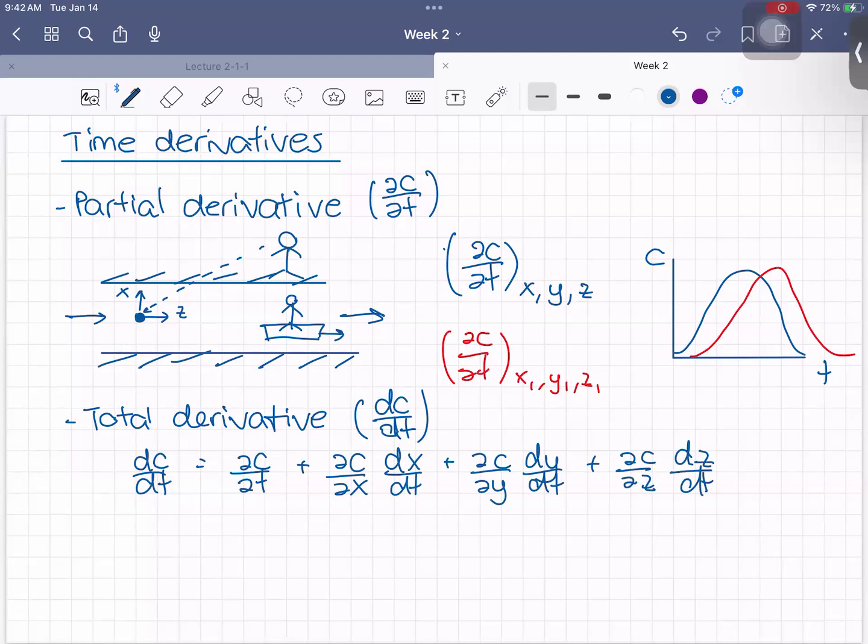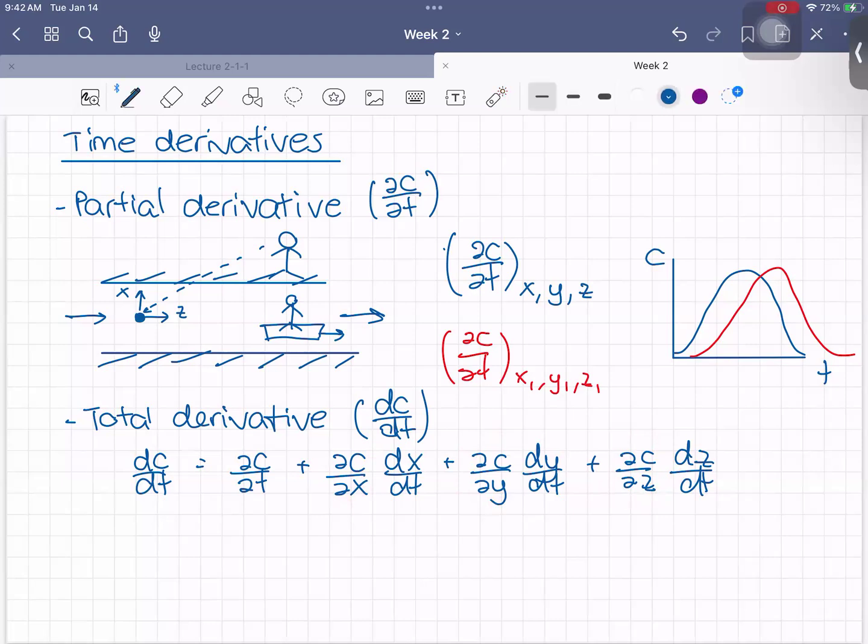So you can see here that what he's observing is that the concentration of food coloring will change with time, and it will also change with the position, in the x direction, y direction, and z direction.